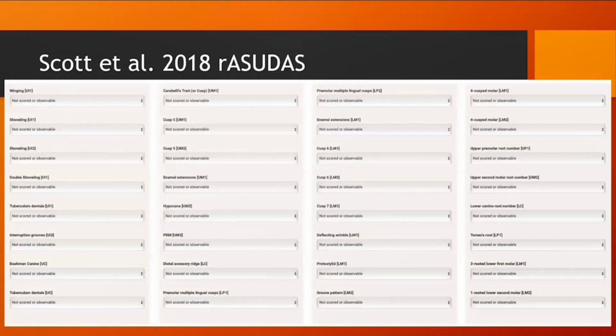So this is the interface for the updated version, I call it RASUDAS, that runs on R and produces Bayesian outputs based on the data that you have. The original interface, based on the 2018 article by Scott et al., only had 20 or 21 traits and, like Heather mentioned with her paper, only relied on the core teeth.